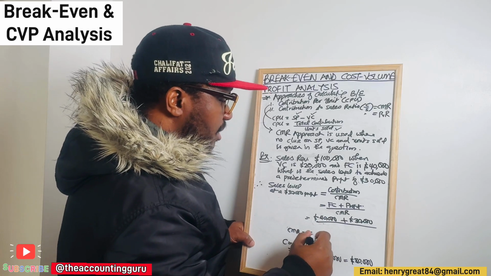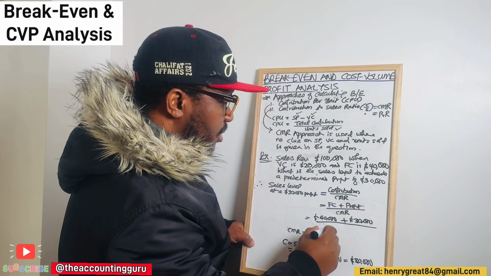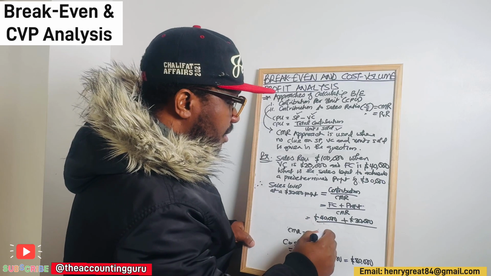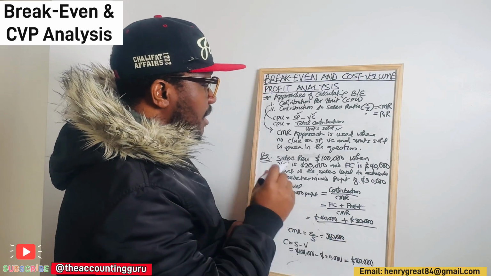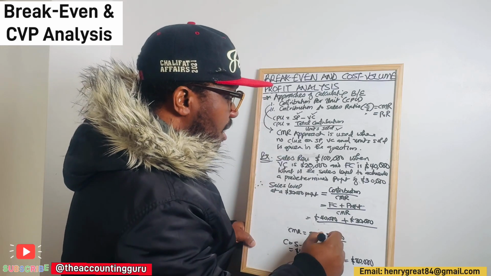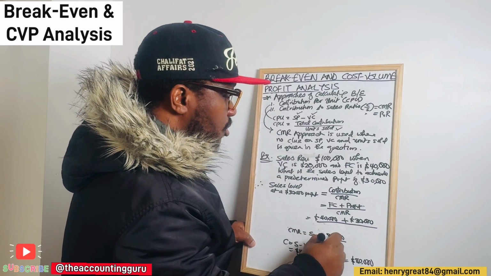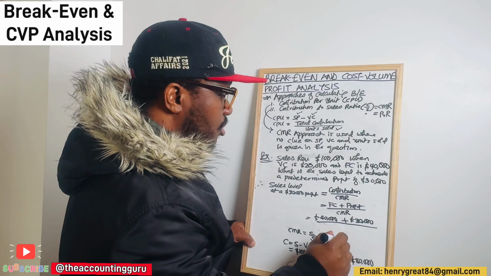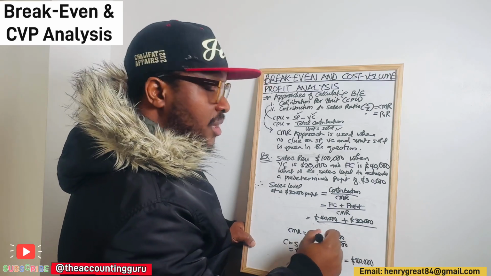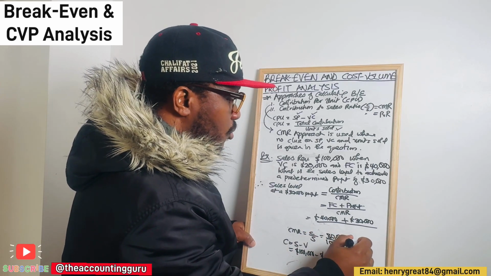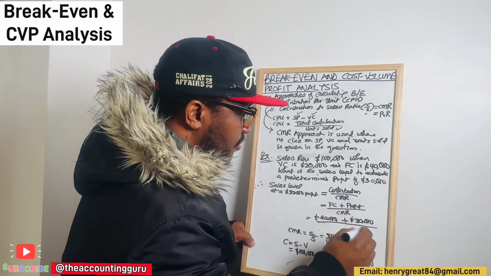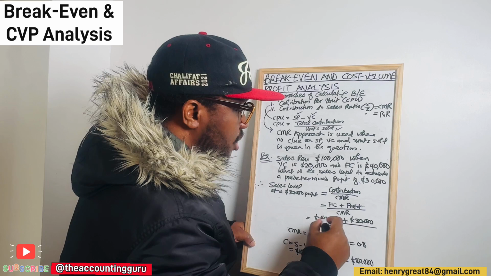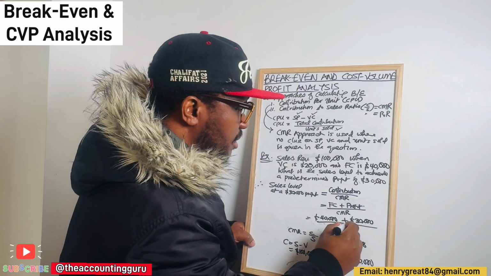If my C is $80,000, and my current sales revenue is $100,000, my C over S, which is my CMR, will be 0.8. Is this clear? So your denominator will be 0.8.